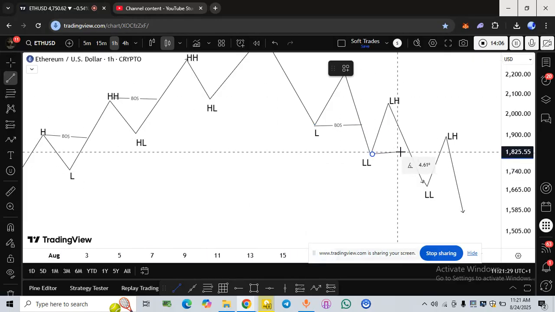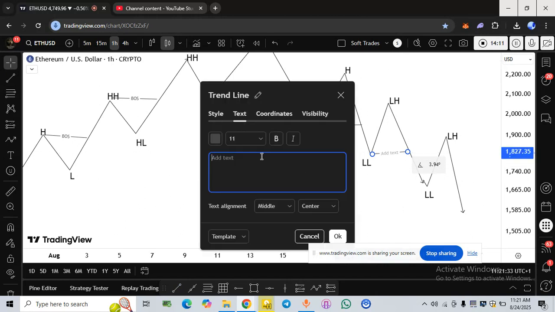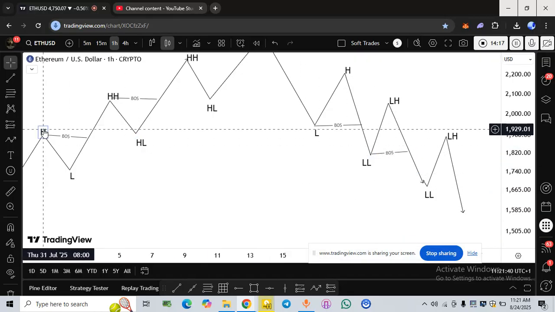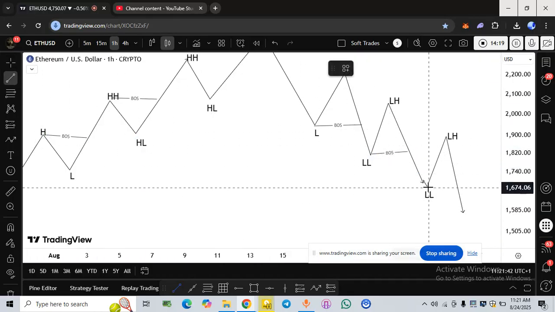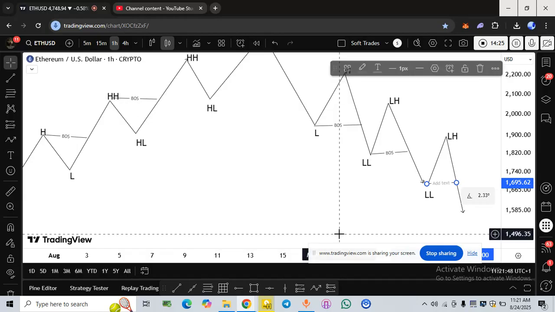Now when you see a breakout structure, you automatically know that okay, the market wants to continue downwards. So there is a breakout structure. This is also a breakout structure.